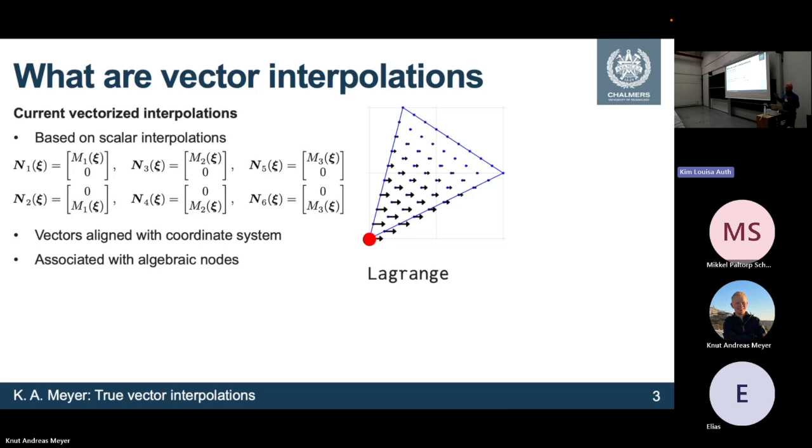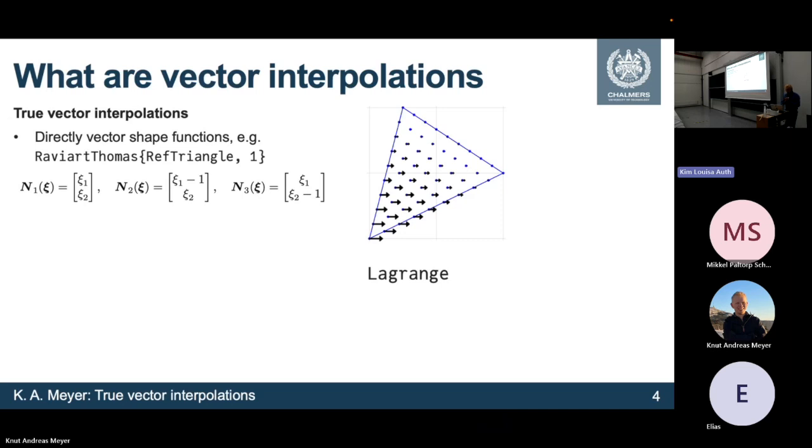So you can have linear geometry but quadratic interpolations, for example. The important thing here is that they inherit a lot of the function properties from the base interpolation. This means if you have a discontinuous scalar base interpolation, the vector interpolation you get is also discontinuous. If it's continuous C0, you get C0 on these, and so on.